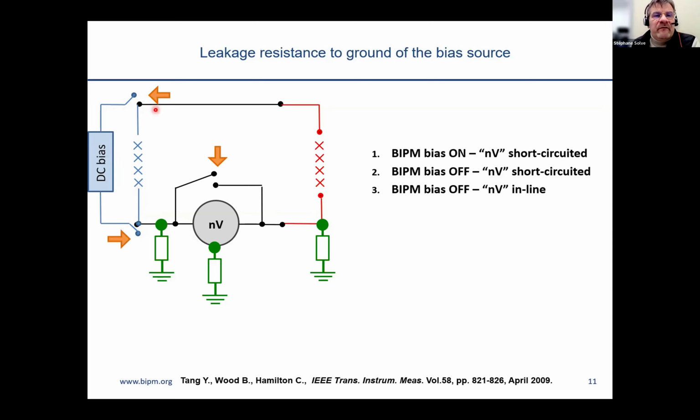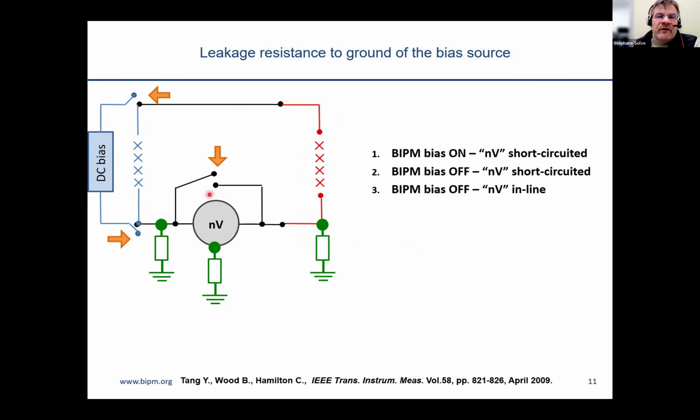In that case, the voltage applied to the BIPM array will also be applied directly to the participants. Because we removed the DC bias, as we suspected it introduces a systematic error, it is removed from the equation, and the voltage of the BIPM array is applied to the participants, pushing the junctions of the array to the same voltage.